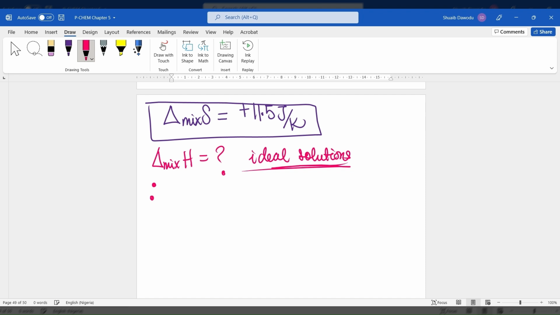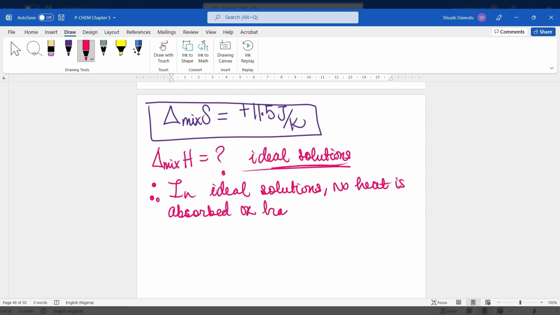Therefore, in ideal solutions, no heat is absorbed or transferred, causing our enthalpy to equal 0.